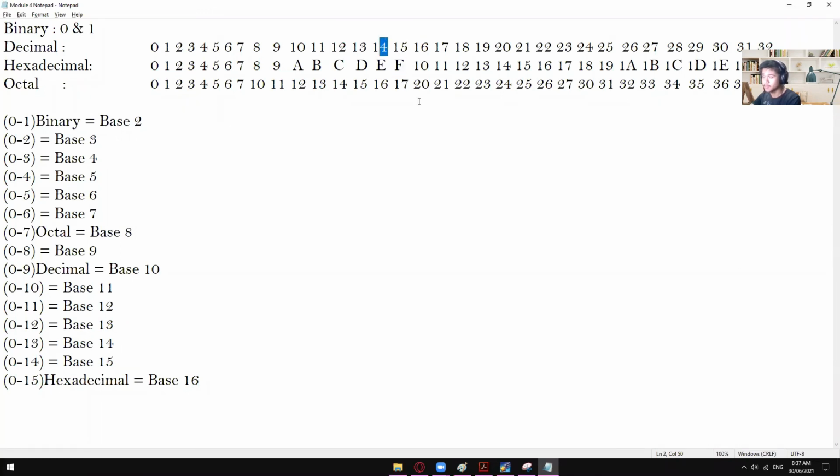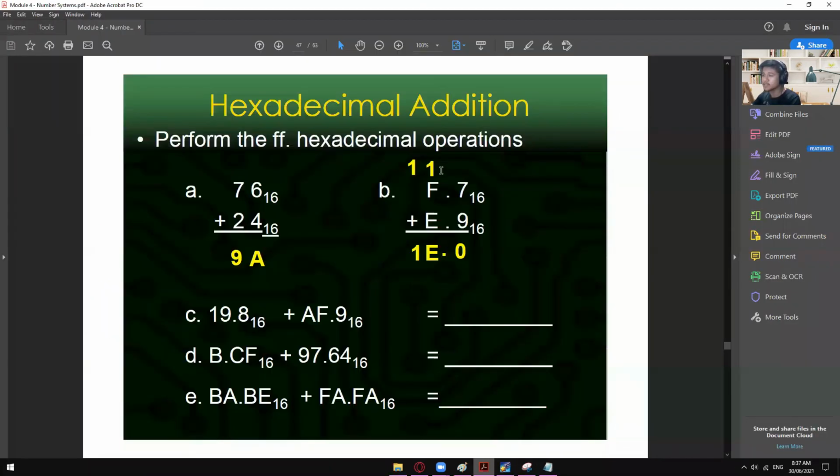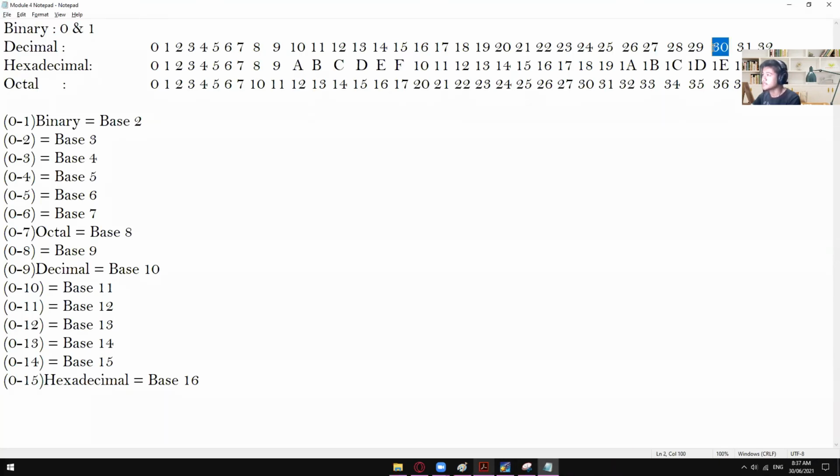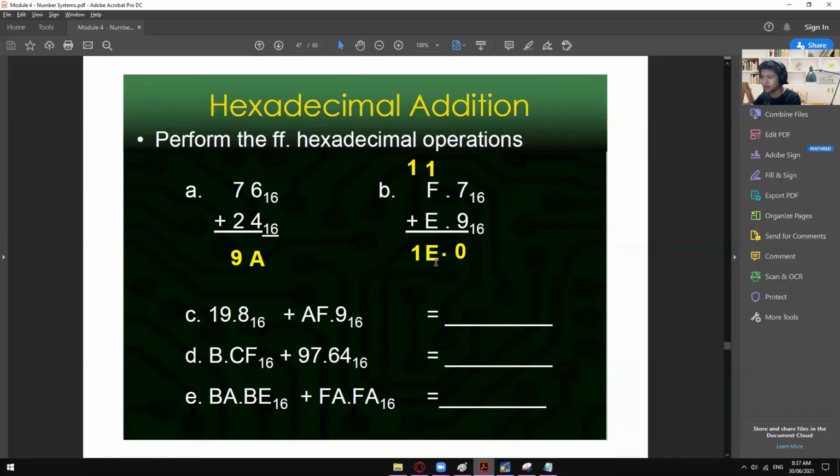So 14 plus 15 is 29. 29 plus 1 is 30. 30 in hexadecimal is 1E. So that's the reason why we have a result here of 1E. Okay?